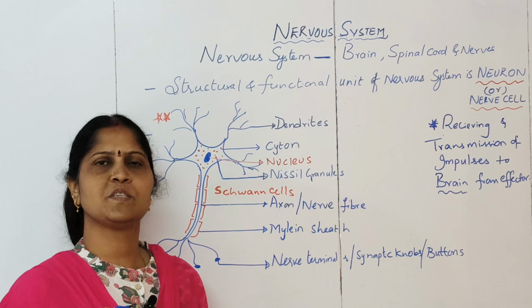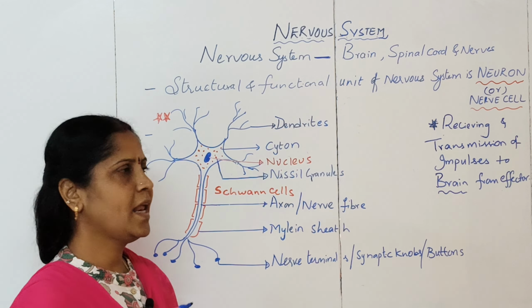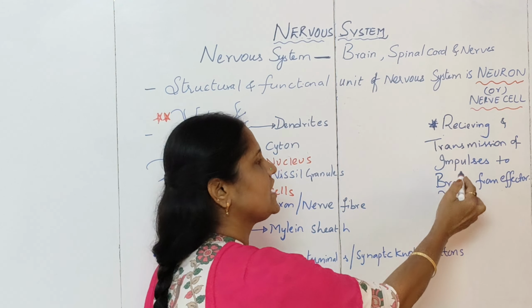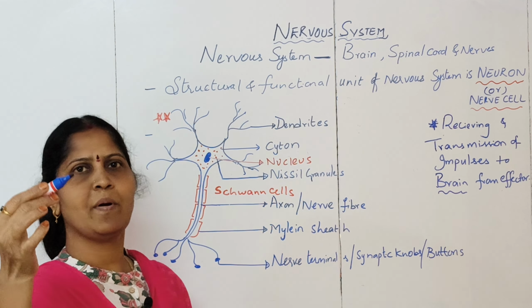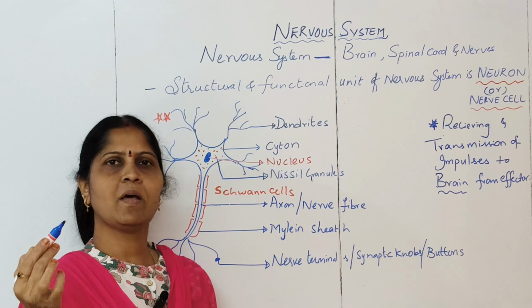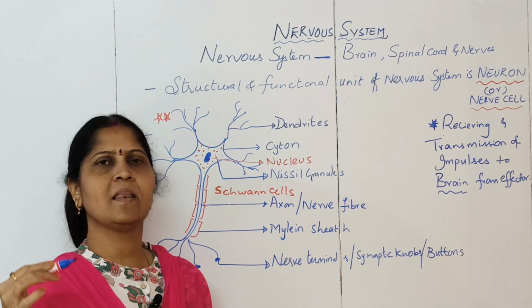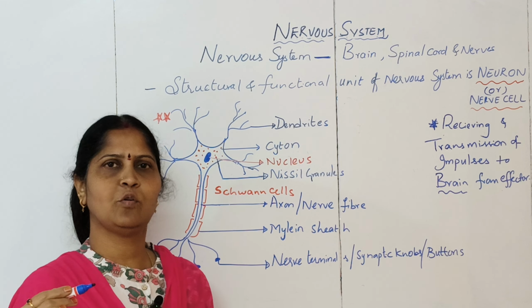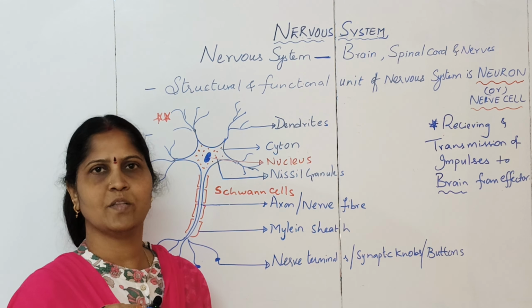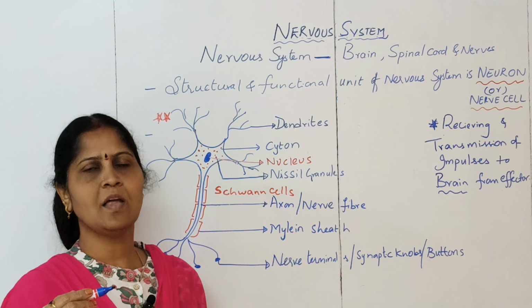The function of this neuron or nerve cell is that it helps in receiving and transmitting the impulses to the brain from the effector. Whatever structure is receiving the stimulus, from there the impulses will be carried to the brain for a response. So that is the function of the neuron.